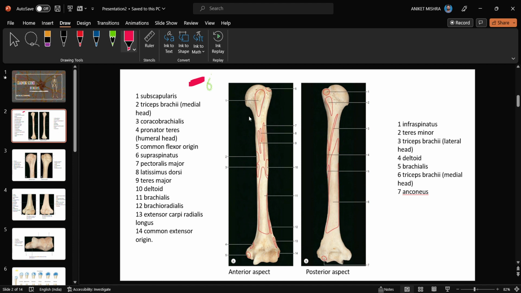So when we are going to determine the side of the humerus, we look at the upper end. The upper end is round in structure. As we can see, this is the upper end, and it is round in structure.